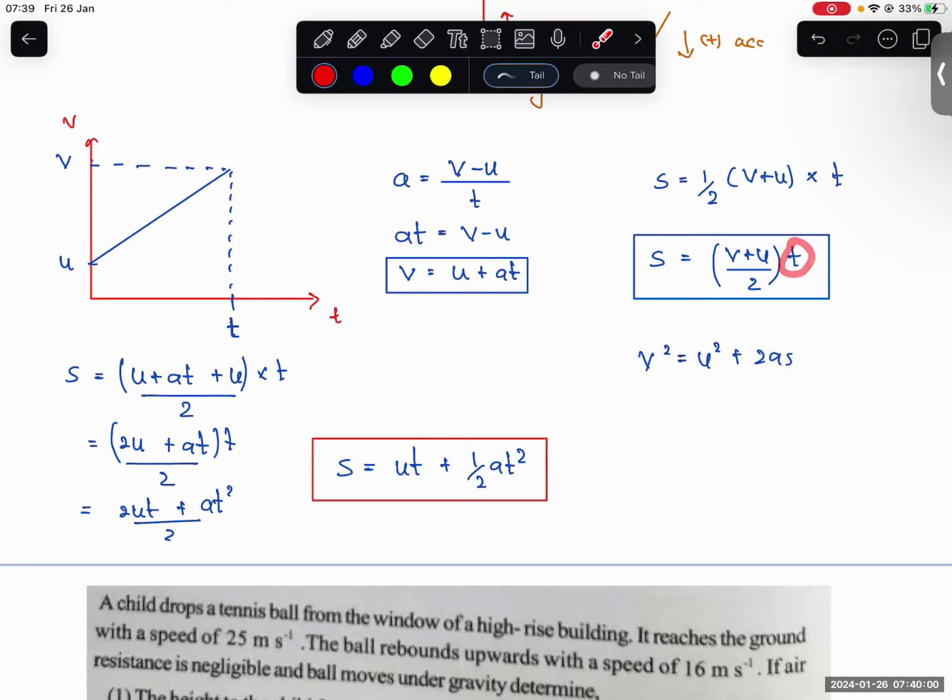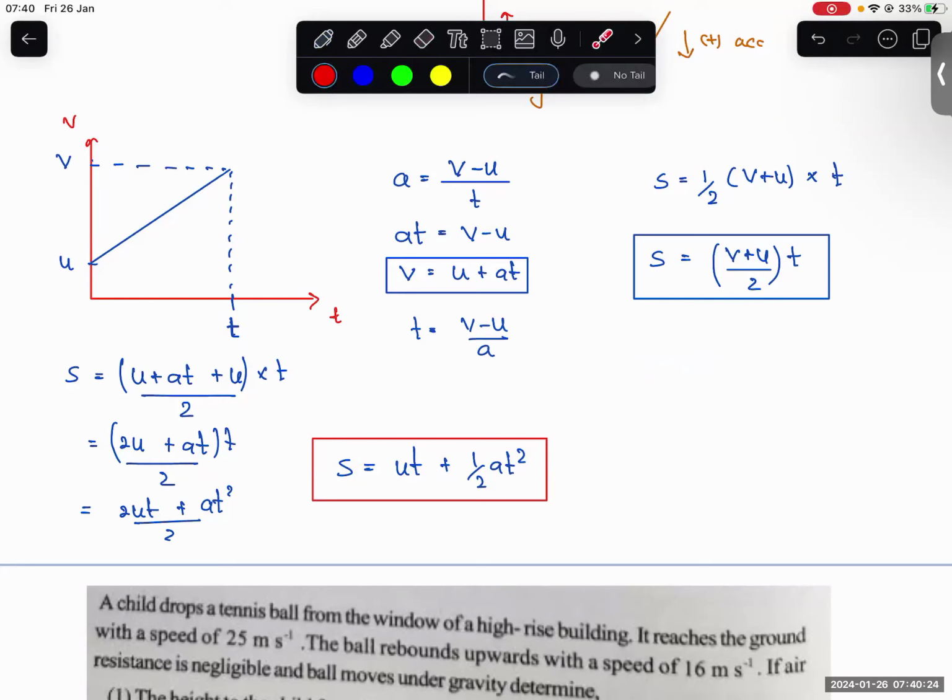Here there is t. Here also you can get a t. t is equal to what? Cross multiplication. t comes here, a can come here. So it will be v minus u over a, right?